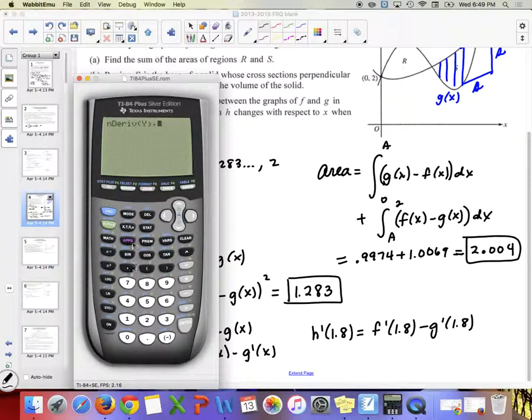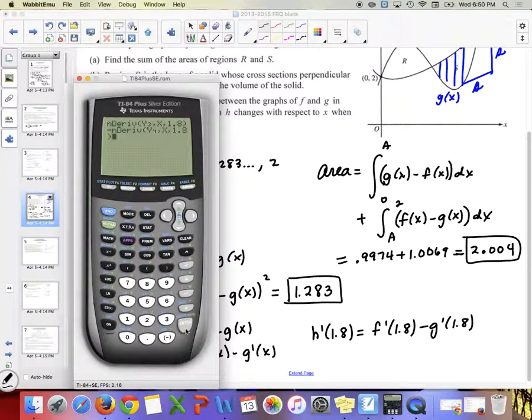So I'm taking the derivative of y3 at x equals 1.8. Okay, and then I could do minus, and I could do my other one as well. So math 8, n deriv, vars, y vars, function, y4, and again evaluated at x equals 1.8, right? So I put all of that in.